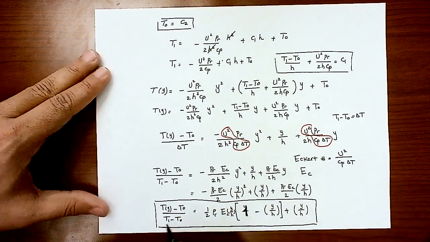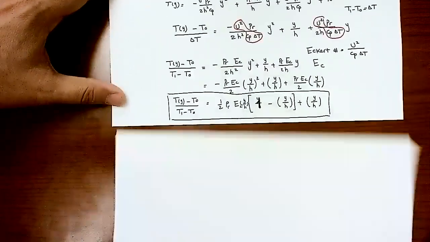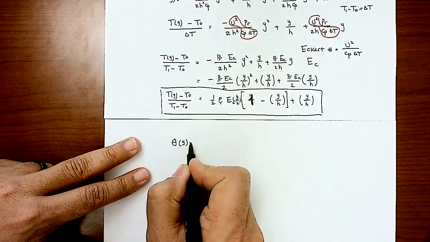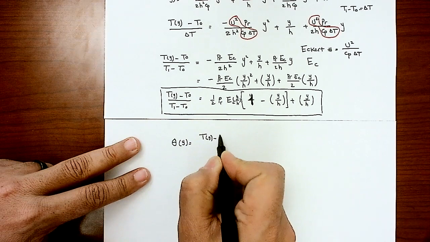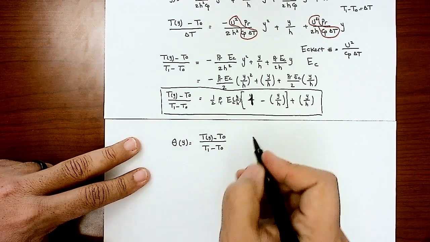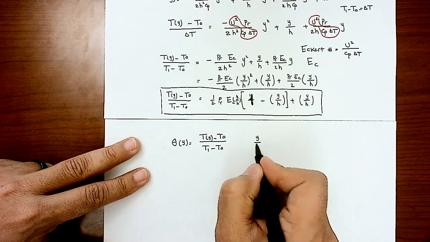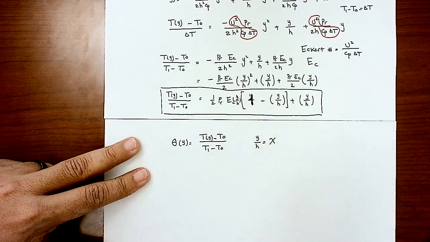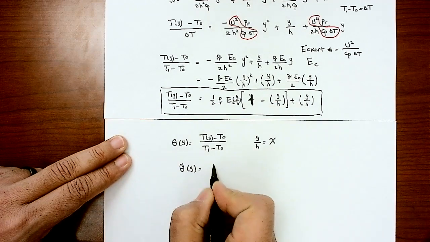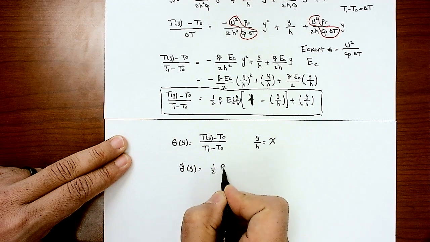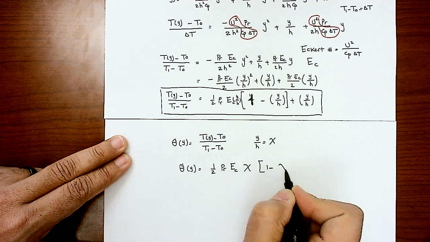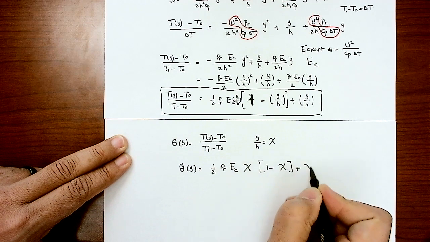If we call the dimensionless number theta of y equal to the ratio of T of y minus T node over T1 minus T node, and we call y over h x, then this equation can be written as theta as a function of y equal to half Prandtl number, Eckert number, x times 1 minus x, plus x.